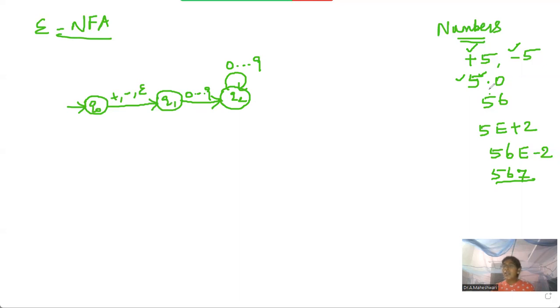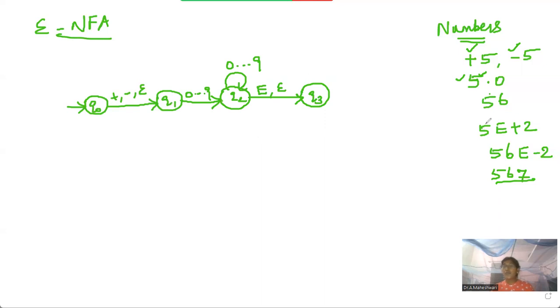What is the next value we have? One is a decimal point, another is the E symbol, the exponent part. So one way is using the decimal part, and another way is using the exponent part. The exponent I sometimes use and sometimes won't, so I'll consider the empty string also. This is Q3, for the exponent part.